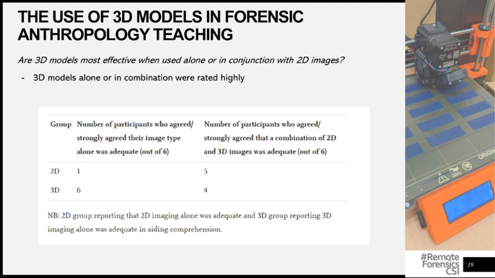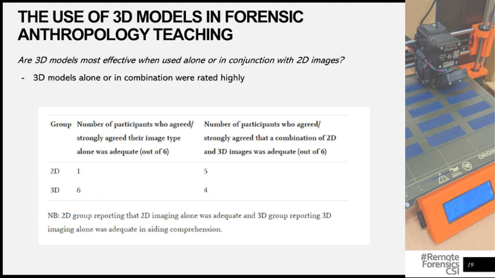So you can see here in this table, the number of participants who agreed or strongly agreed that their image type alone was adequate. All 6 of the 3D group said the materials they'd been provided were adequate, whereas only 1 said that of the 2D materials.